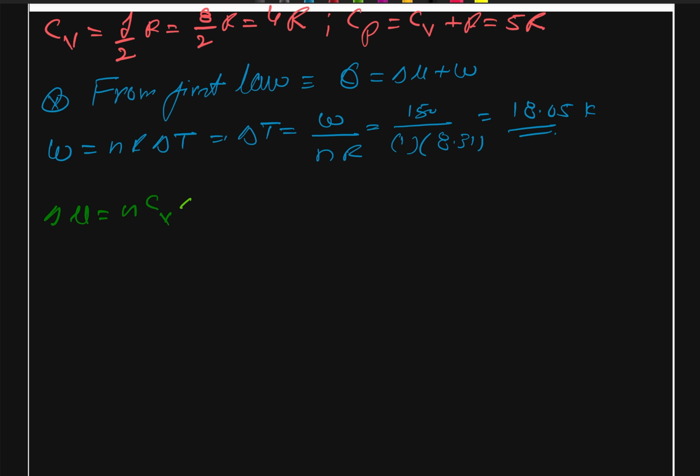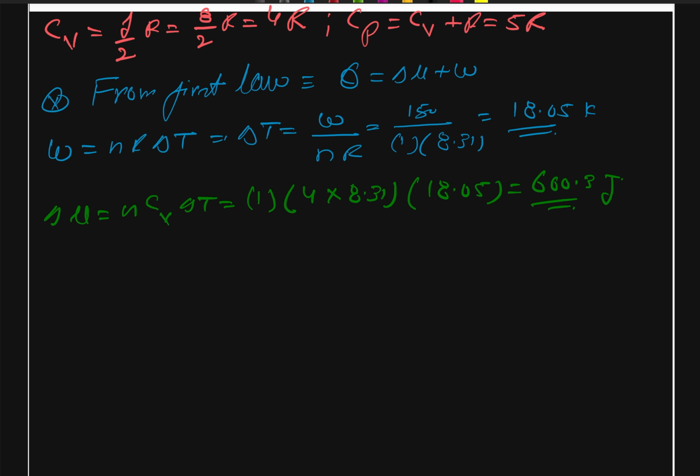Now we can find delta U, the change in internal energy, which is equal to n Cv multiplied by delta T. n is 1, Cv is 4 times R, that is 8.31, and delta T is 18.05. So delta U will be close to 600.3 joules.